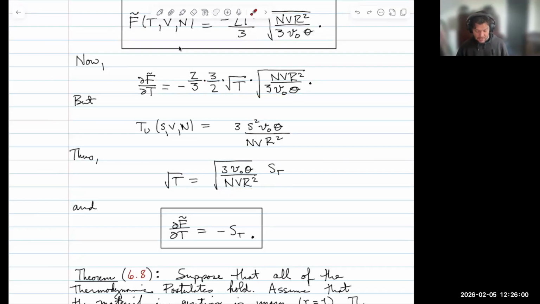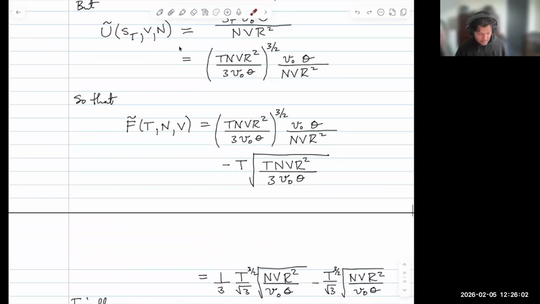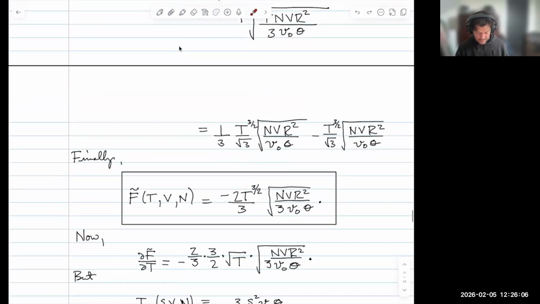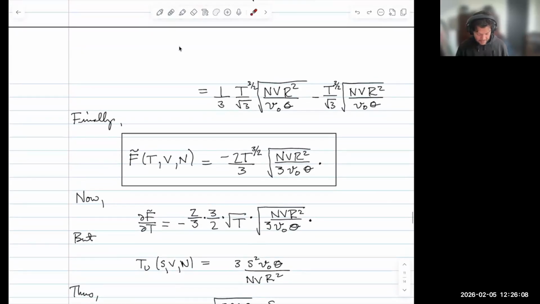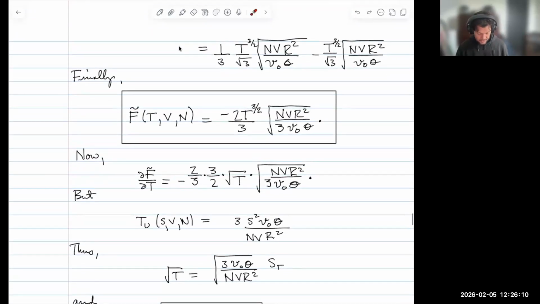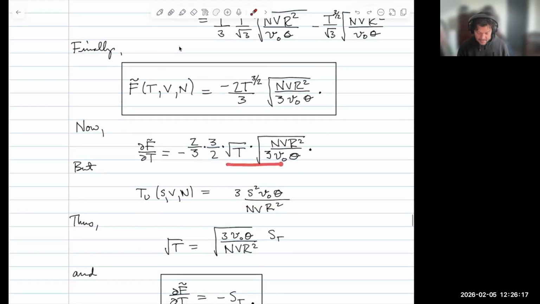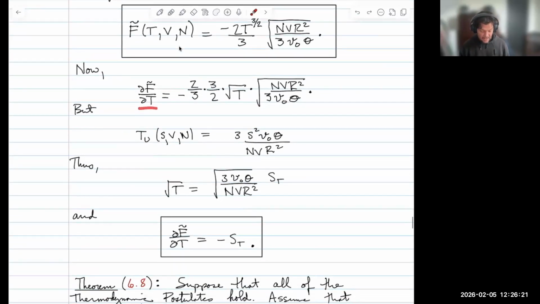I probably should have just written ST from above. Do we have ST? Yeah, it's just this object right here. It's actually simpler than what I've written. I don't know why I went through all this business. I guess I was convincing myself once again. But that's just minus ST. So the derivative of F with respect to T is just minus ST.